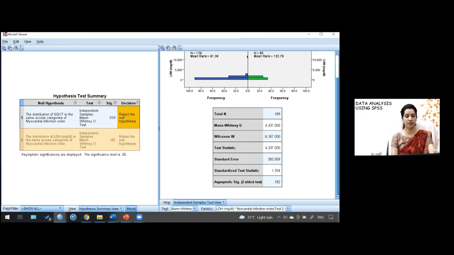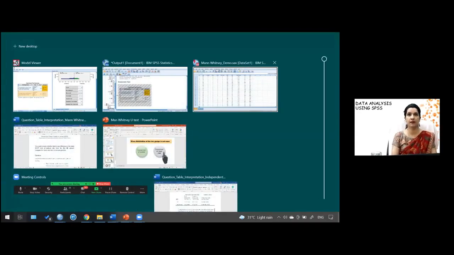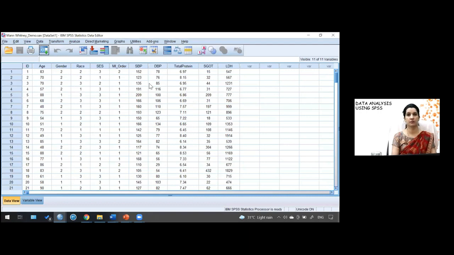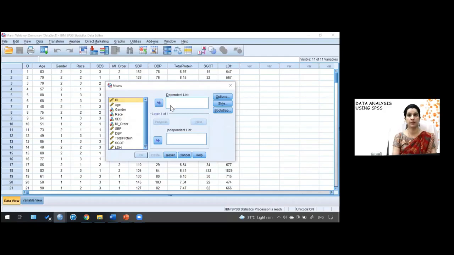For the command of median value, you go back to SPSS where we have given the command. There you will have to go to the analyze option. Then there is an option of compare means. So you have to come here to compare means. Here you have to put SGOT and LDH in this box, and in the independent, you have to put the MI order.